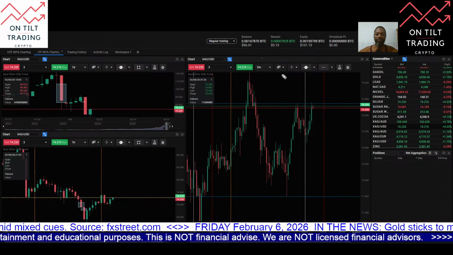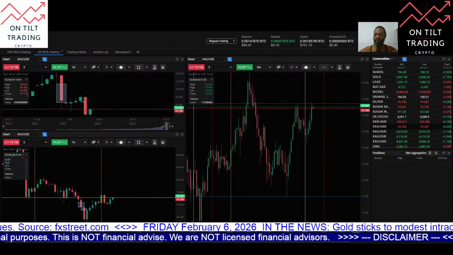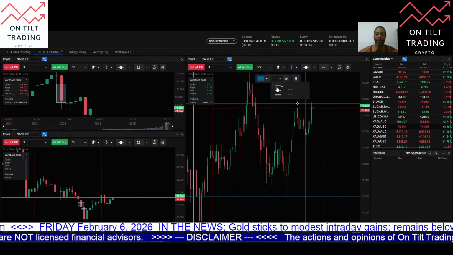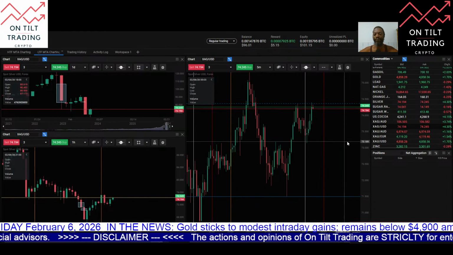Then here on the 5 minute, there's been a sweep of the previous 1 hour candle high here.